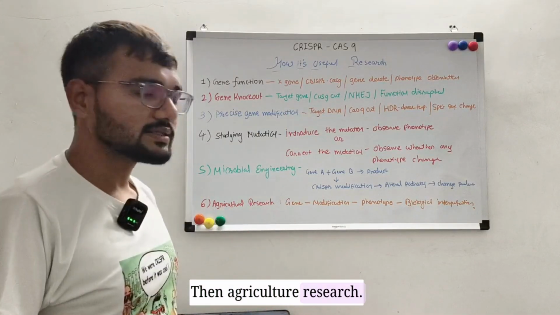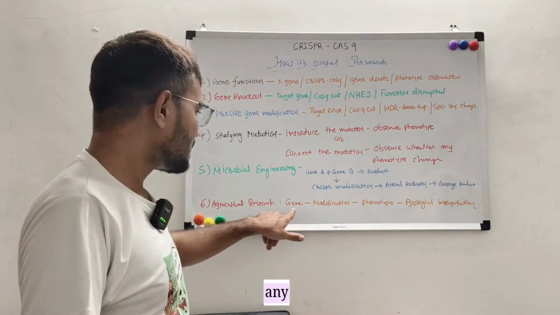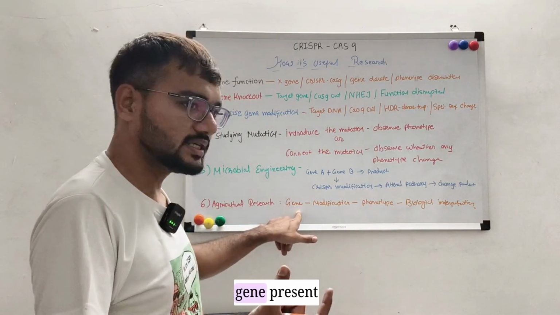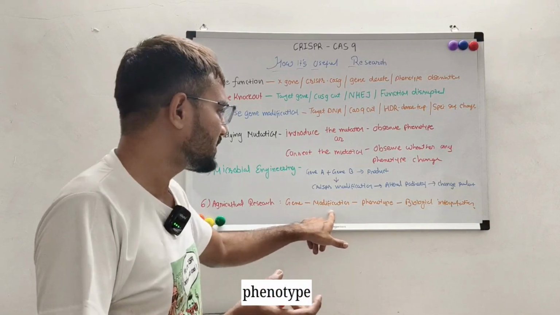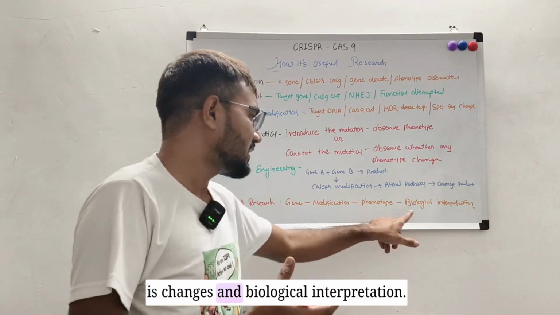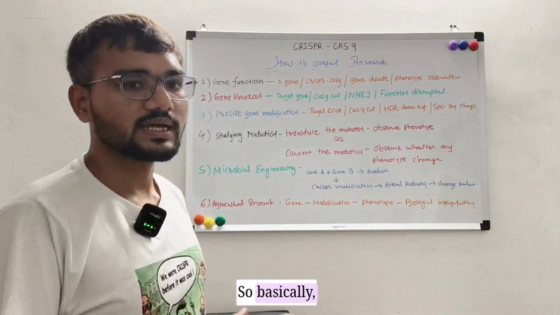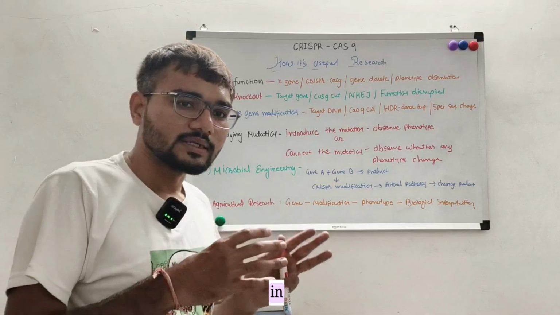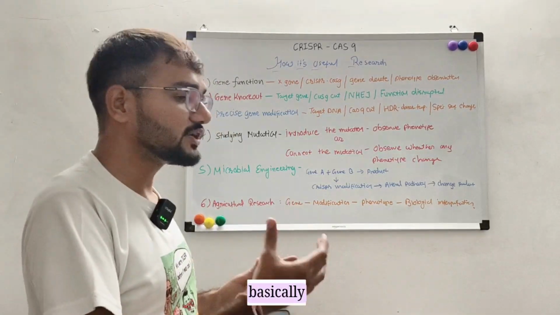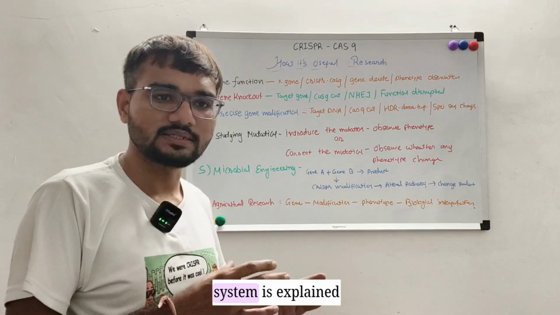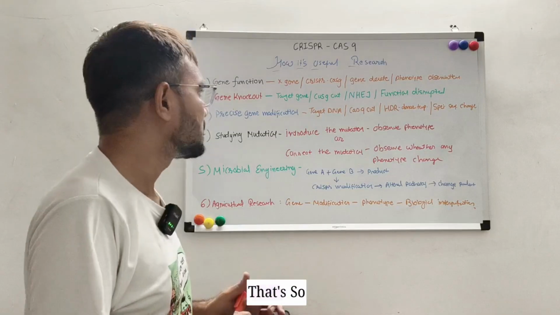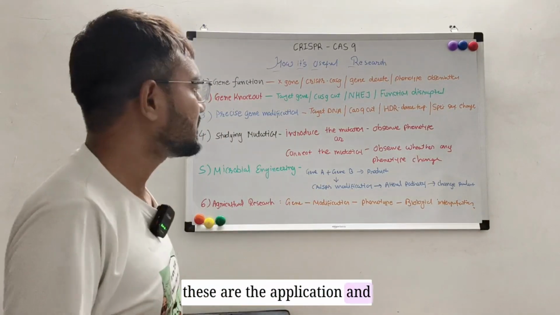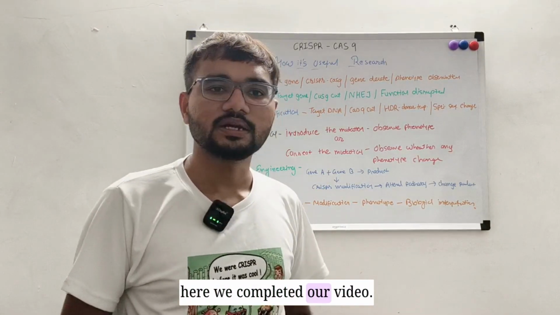Then agriculture research. Any gene present in a plant, we modify it, the phenotype changes, and we get biological interpretation. Basically this CRISPR-Cas9 system is explained as a gene editing tool, that's why. So these are the applications, and here we complete our video.